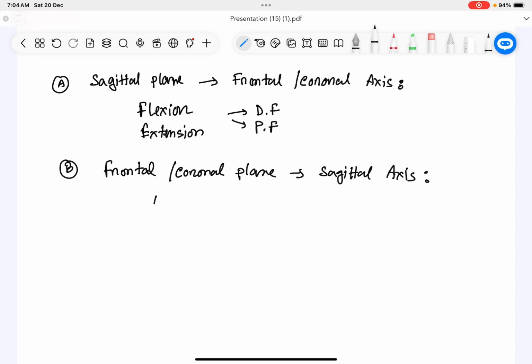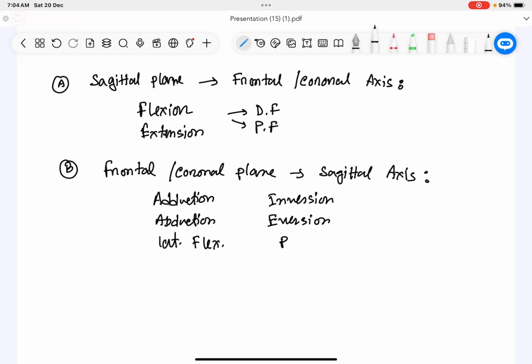And the movements here will be adduction, abduction, then lateral flexion of the body, trunk especially, lateral flexion, I am writing in shortcut. Then in ankle, inversion and eversion, radial deviation and ulnar deviation also.